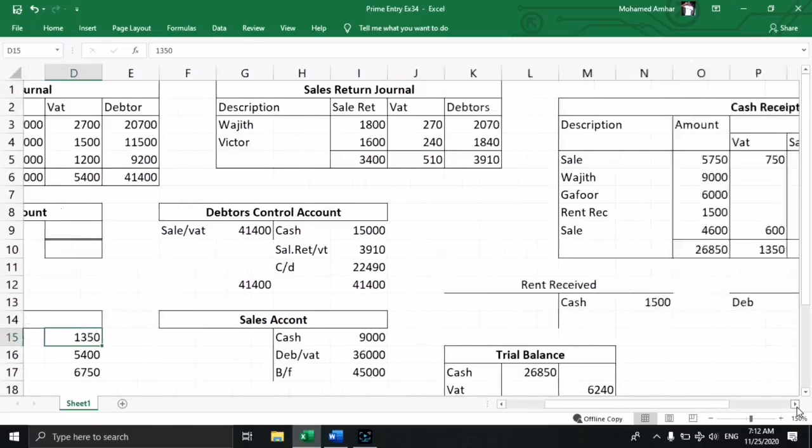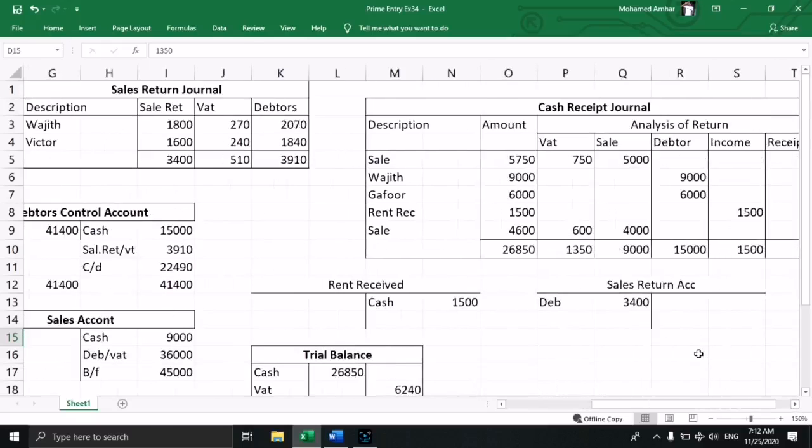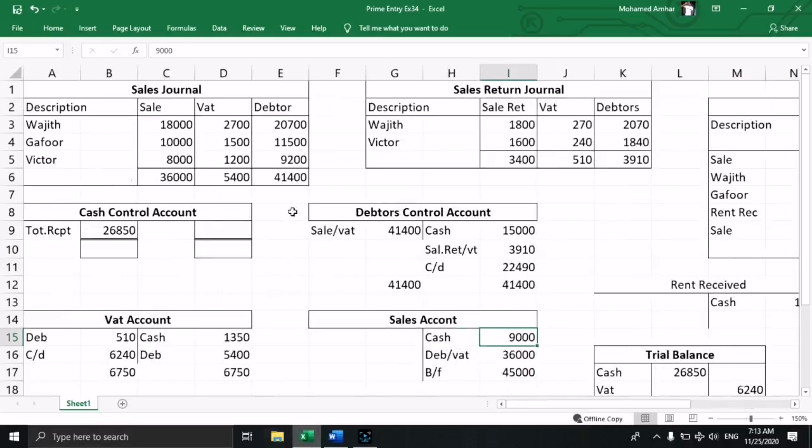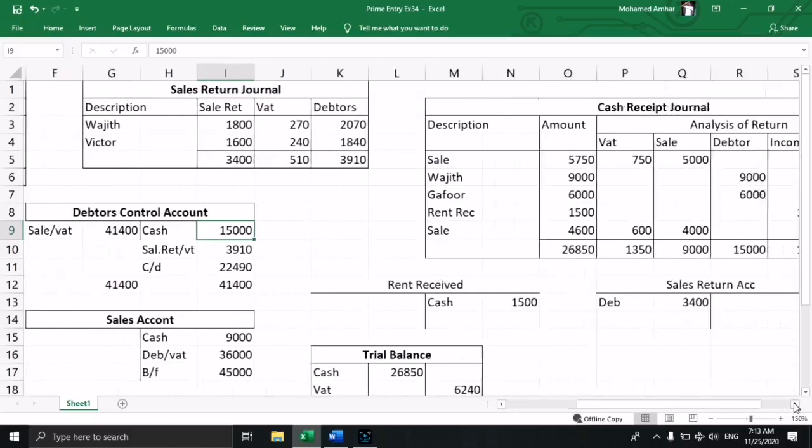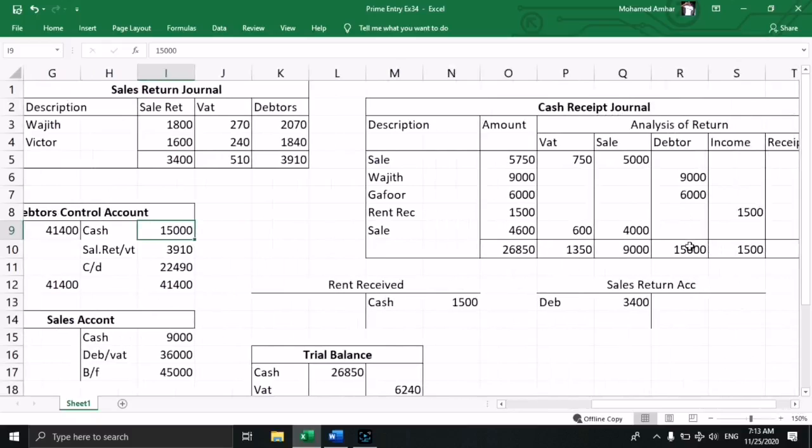And then sales account should be credited 9,000. Debtor account should be credited 15,000. So sales account credited 9,000 and debtor account, here see, debtor account credited 15,000. Here 15,000 credited.